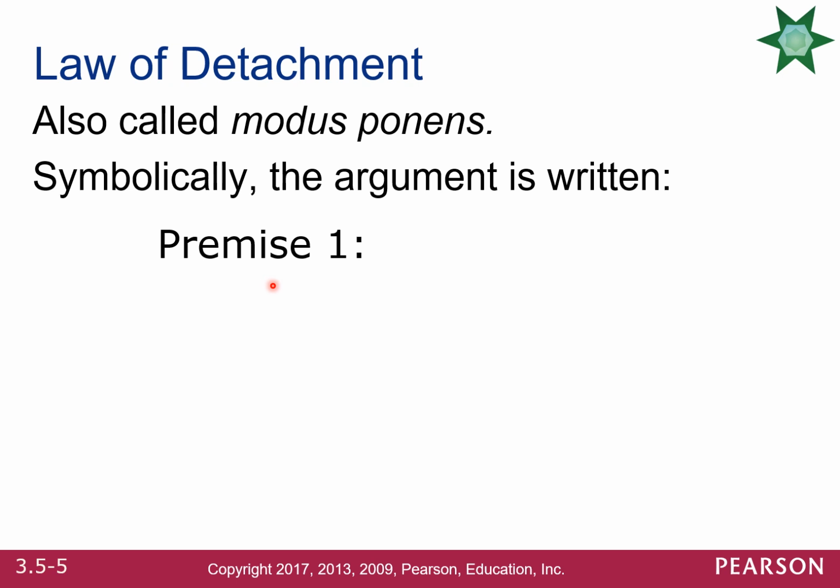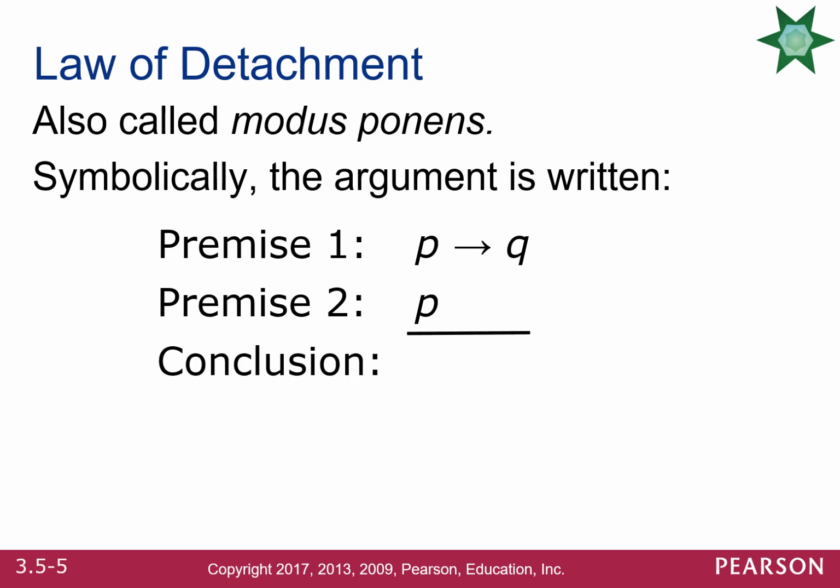We will present a set of premises symbolically written out. Premise 1 is if P then Q, which is a conditional statement, and premise 2 is just P. Based on these two premises, we arrive at a conclusion which is therefore Q.